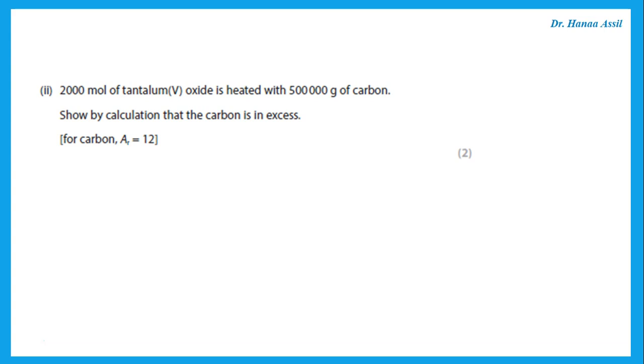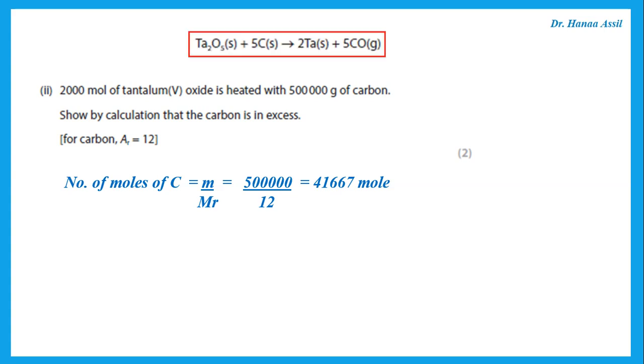2000 moles of tantalum oxide is heated with this amount of carbon. Show by calculation that the carbon is in excess. Well, we'll count the number of moles, or we determine the number of moles of carbon. Number of moles is mass over molecular mass. So I have this number of moles of carbon. Now look at the equation. What is the relationship between the tantalum oxide and the carbon?